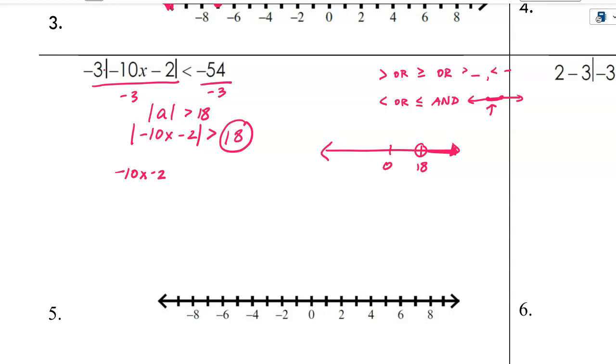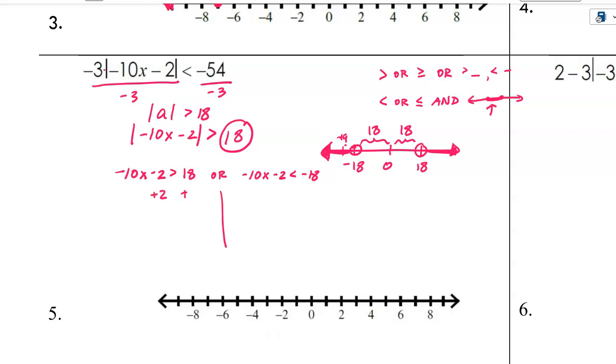And the distance away from 0, we also have negative 18, but that's also 18 distances away. So it has to be bigger. So the next one is going to be 19 distances. Even though it's a negative 19, it's 19 units away. So that's why it turns into an or, a union.